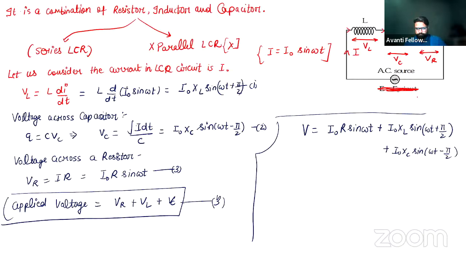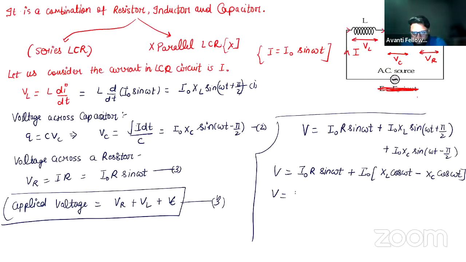Now again here the voltage will become I naught R sine omega t plus I naught, you can take common, XL cos omega t minus XC, this is also cos omega t. Clear?